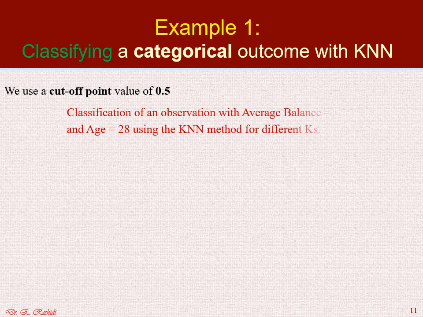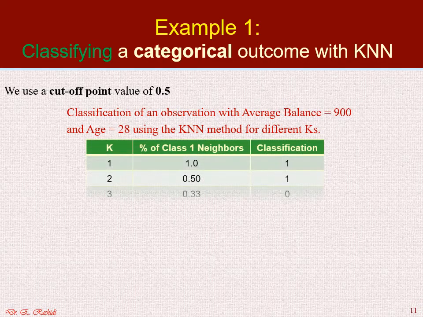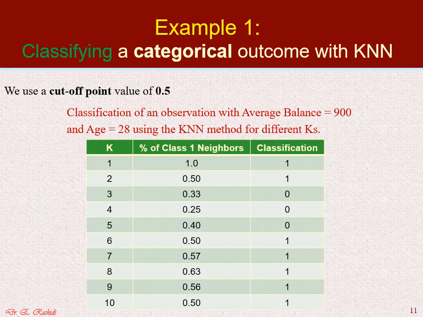So this table here shows that with different Ks, the output of classification for the new observation. For K equal to 1, the percent of classes of one neighbor, or the lone default neighbor, is 1. So we are going to classify the new observation as lone default.